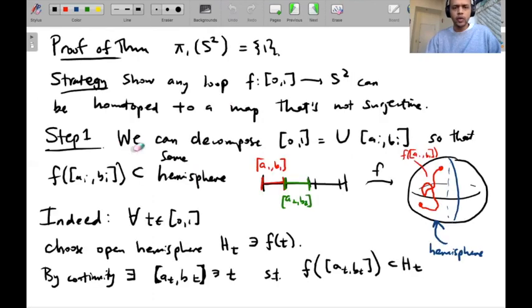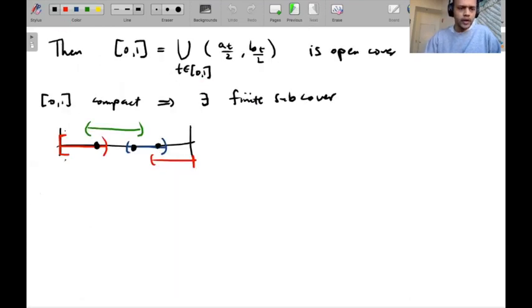Okay, so we've shown we can decompose like this so that the image of each of these subintervals is contained in a hemisphere. All right, so now step 2.